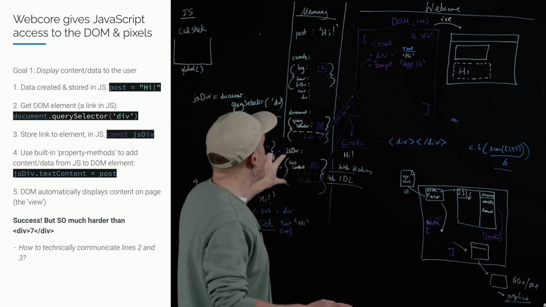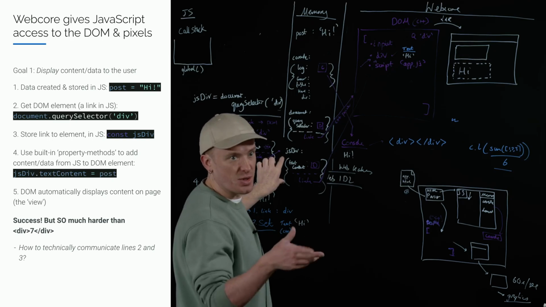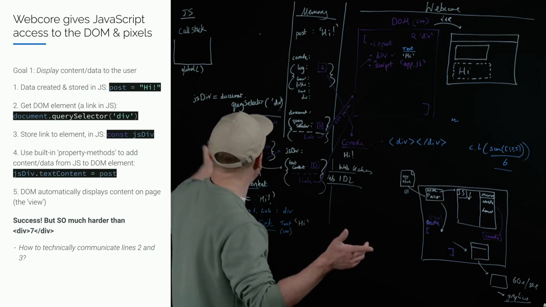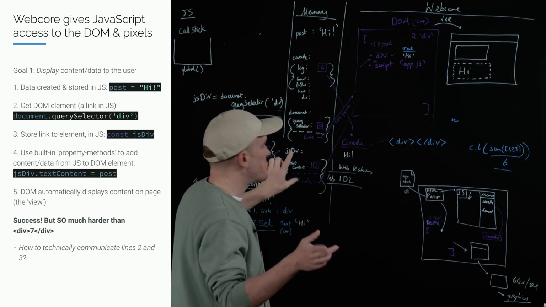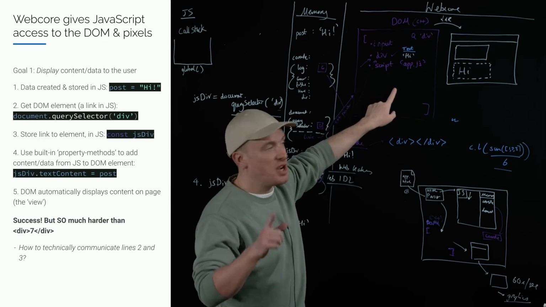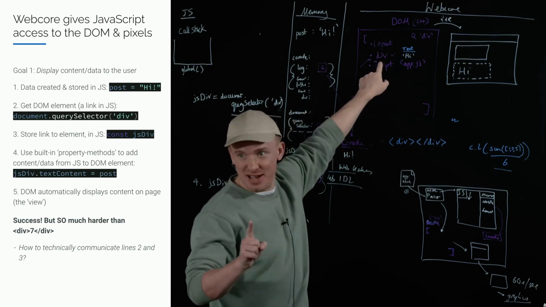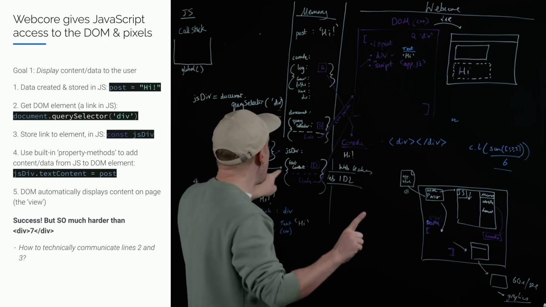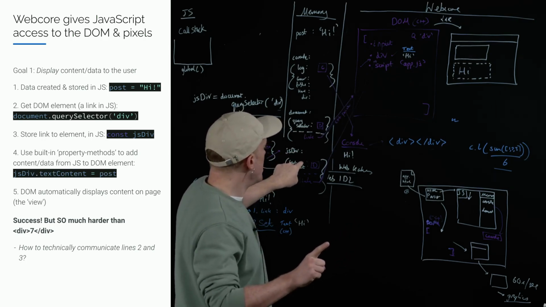Instead, JavaScript created a brand new object, with querySelector's help, that was assigned to jsDiv, and that object was populated with a hidden link to the individual element div in C++ in the DOM, and a bunch of methods or properties.